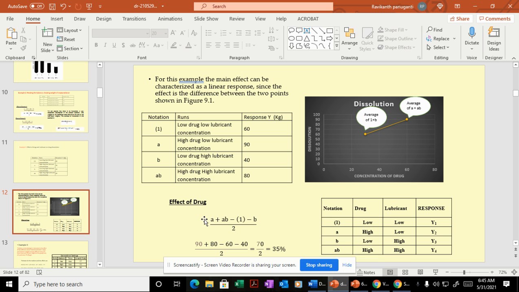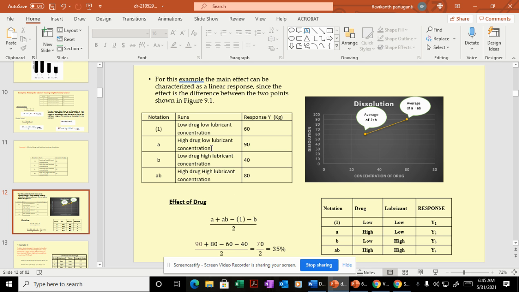If you want to see the effect of the drug alone, we have to consider the highest concentrations of the drug that we have taken in the design. For example, in the second run and the fourth run, we have taken the highest concentration of the drug.